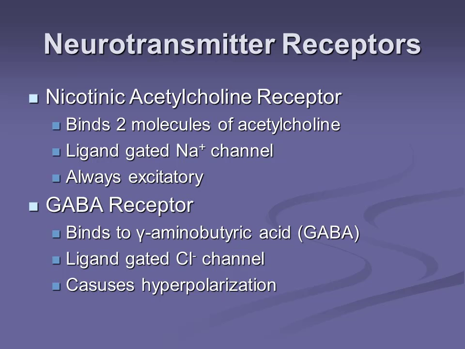We're going to hyperpolarize. So that's going to be an inhibitory type of reaction. So do you see how it depends on the receptor and it depends on the ion if we're going to be excitatory or if we're going to be inhibitory? Correct. Below resting potential.